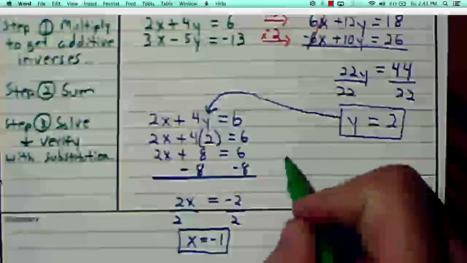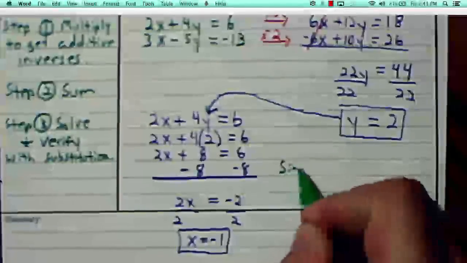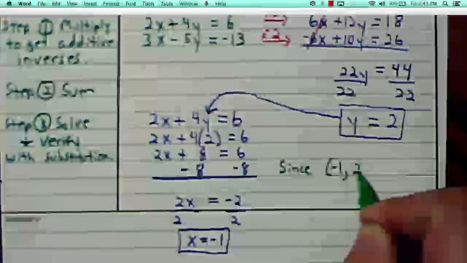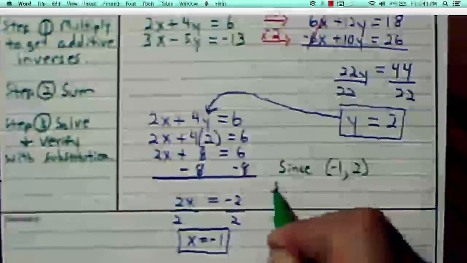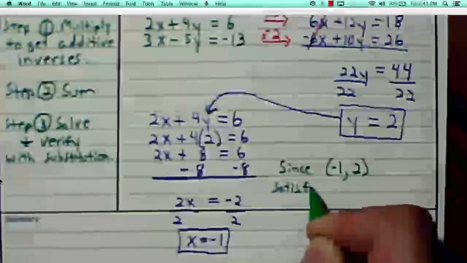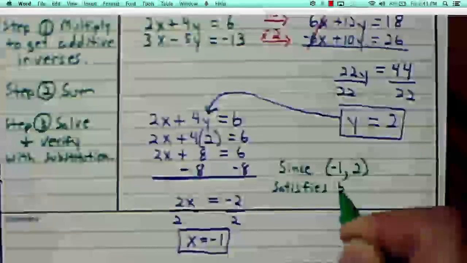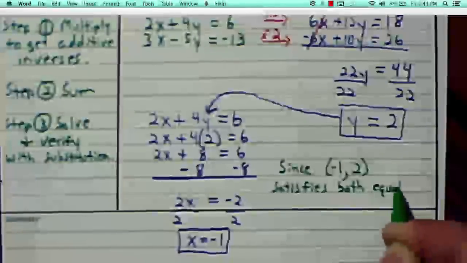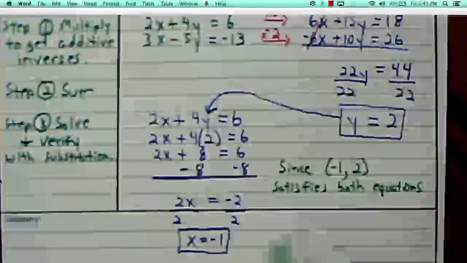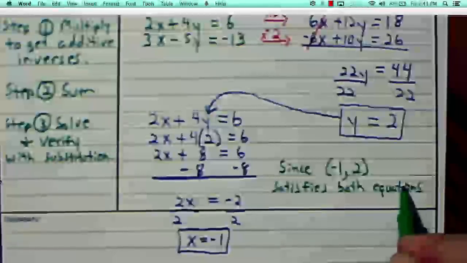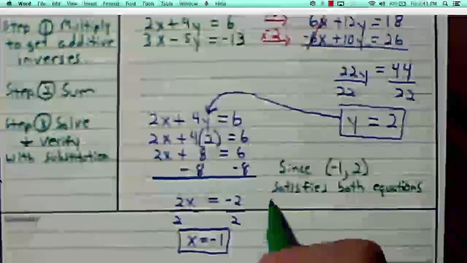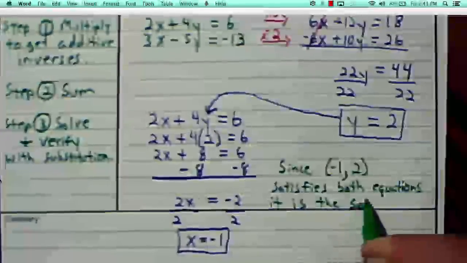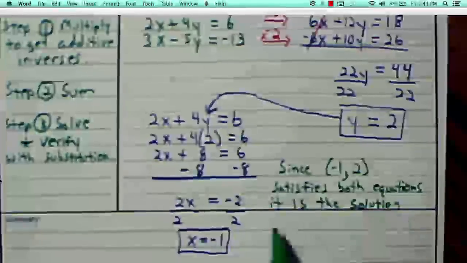We'll make this final statement. Since -1, 2 satisfies both equations, it is the solution to the system.